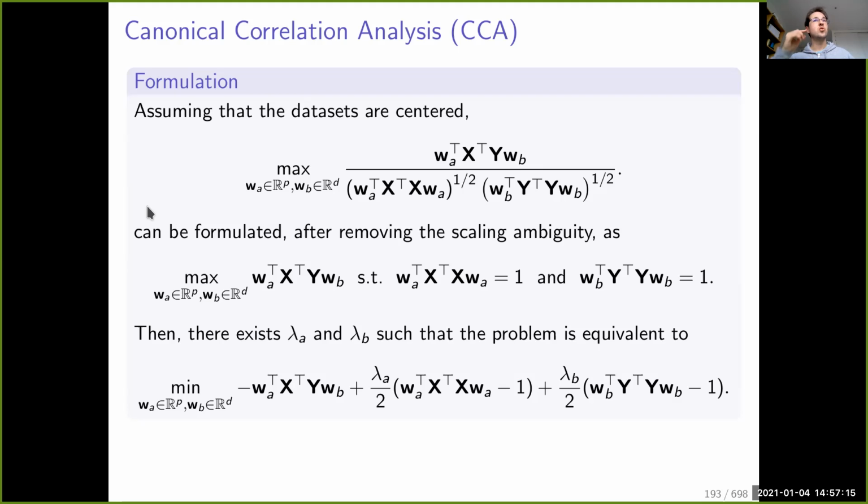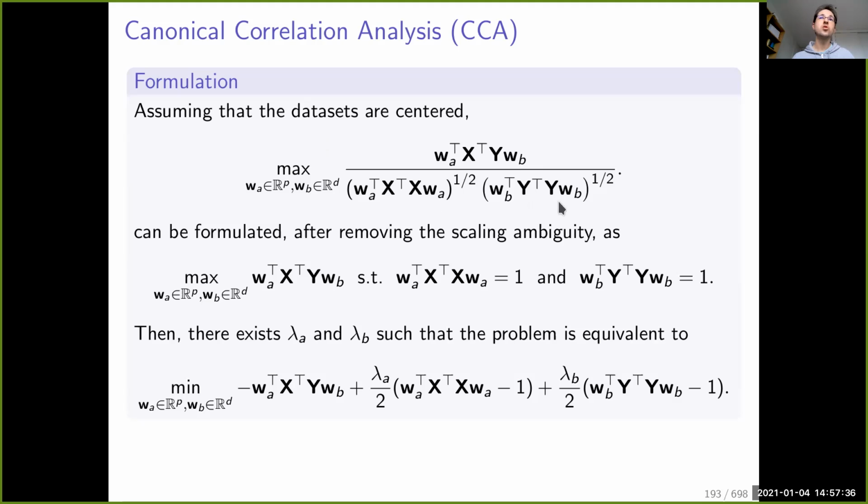It turns out that you may notice as well that there is a scaling ambiguity here because we are interested in directions. In fact, if you find vectors WA, WB that are solutions, and you multiply WA by a scalar and WB also by a scalar, it doesn't change the objective, such that you can also remove the scaling ambiguity.